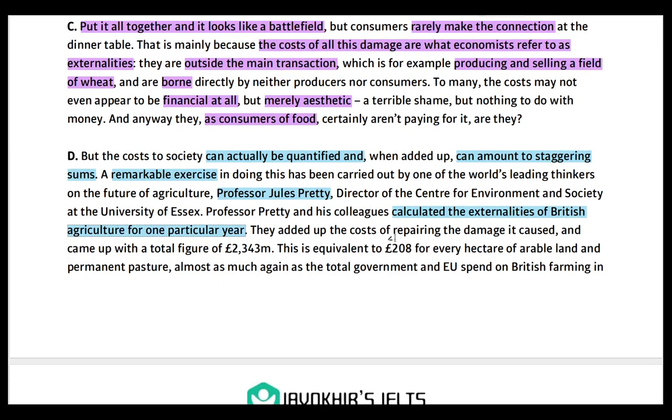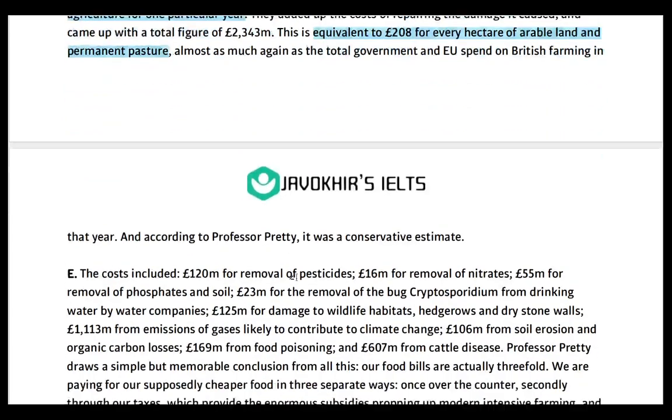Professor Pretty and his colleagues calculated the externalities of British agriculture for one particular year. They added up the cost of repairing the damage it caused and came up with a total figure of 2,343 million pounds. This is equivalent to 208 pounds for every hectare of arable land and permanent pasture, almost as much again as the total government and European money spent on British farming in that year.